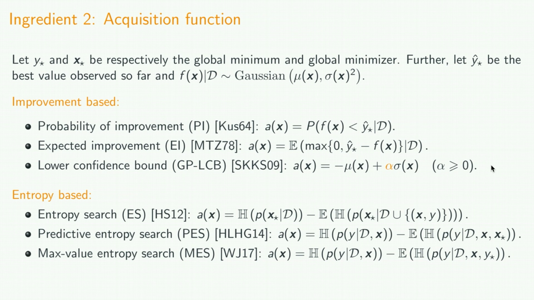A second family of acquisition functions are called entropy-based acquisition functions. And here the goal is to reduce the entropy, essentially looking at the information gain of certain candidates in the search space.